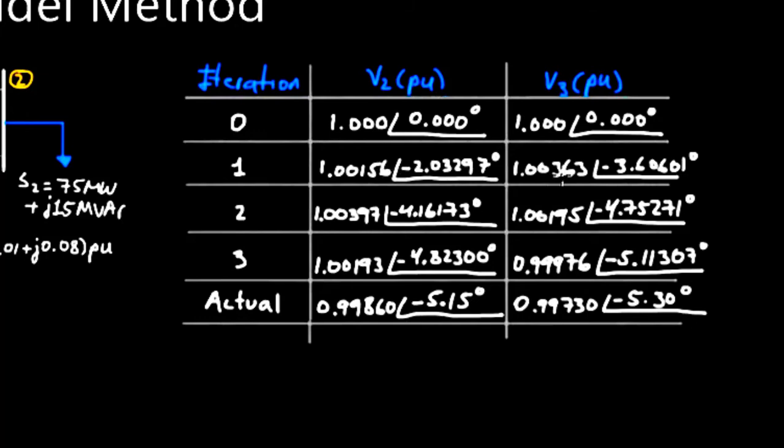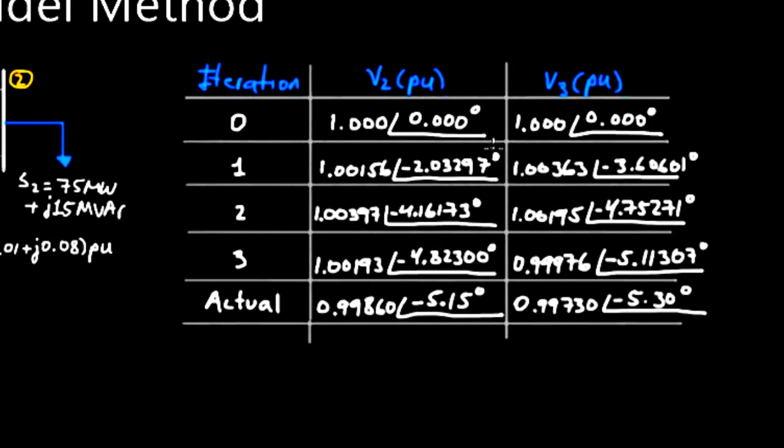But the magnitudes went up a little bit. So they went in the opposite direction of what we would expect for a load bus. Remember that for a load bus, we were expecting the voltage to be lower than the slack bus. But notice that the slack bus is at 1.03 per unit. So these aren't really higher than the slack bus, but I was expecting the voltage to be a little bit lower than 1 per unit as well.